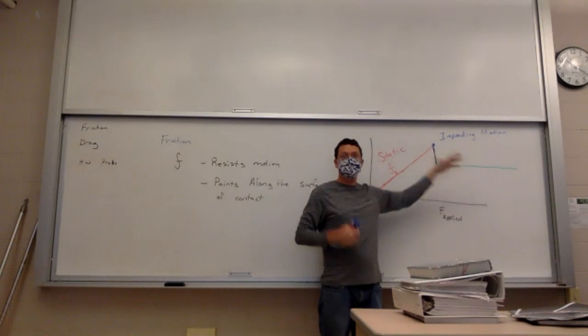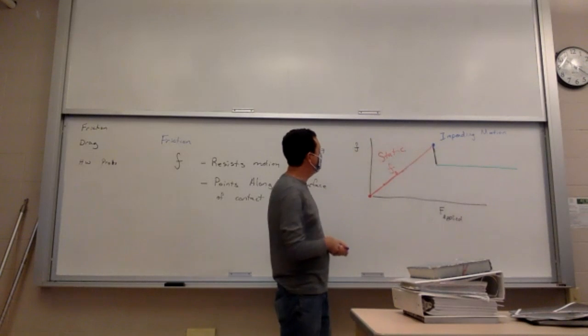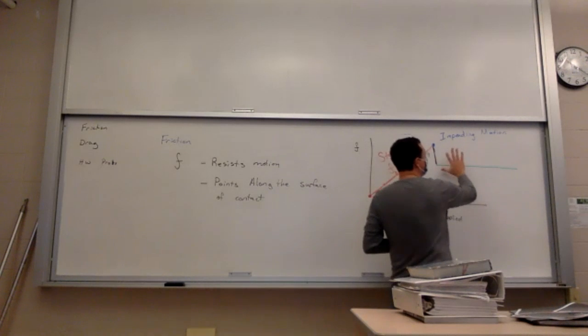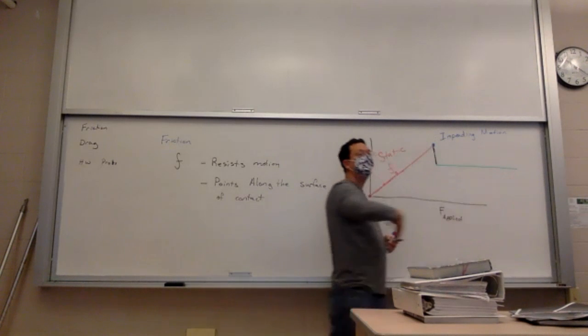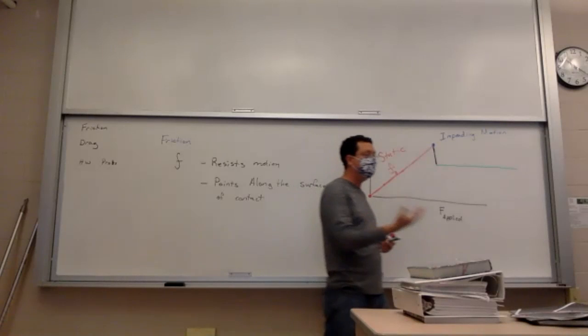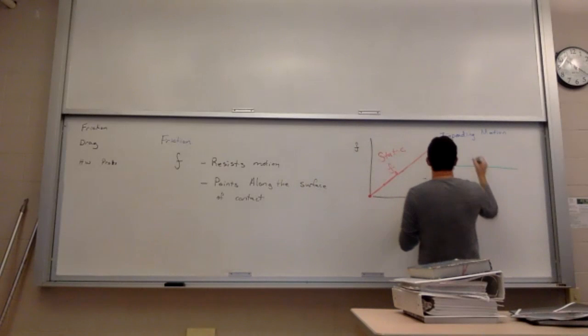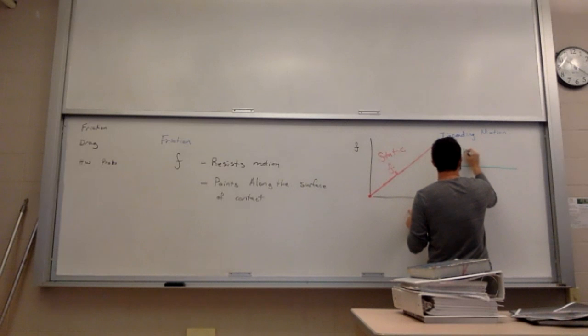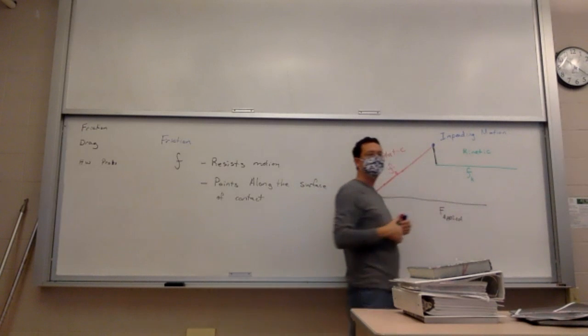Over here, it is moving. We're going to say the situation is kinetic. It's moving, so we have kinetic friction, and the symbol we will use is F with a K for kinetic.